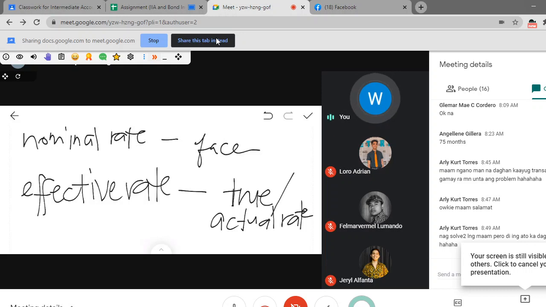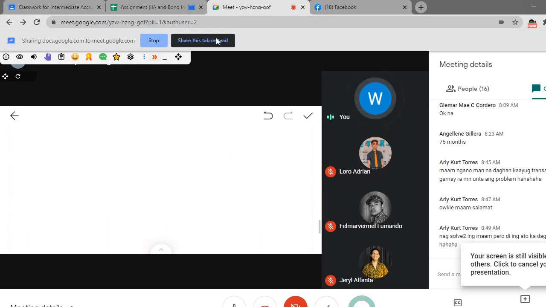Now, let's compare the two. Why is it important for us to compare the two? Because if we have discounts or premiums, those two rates are not the same. Okay? Now, if effective rate, let's start with this. If our effective rate is greater than our nominal rate, for example, this is 12% and this is 10%.